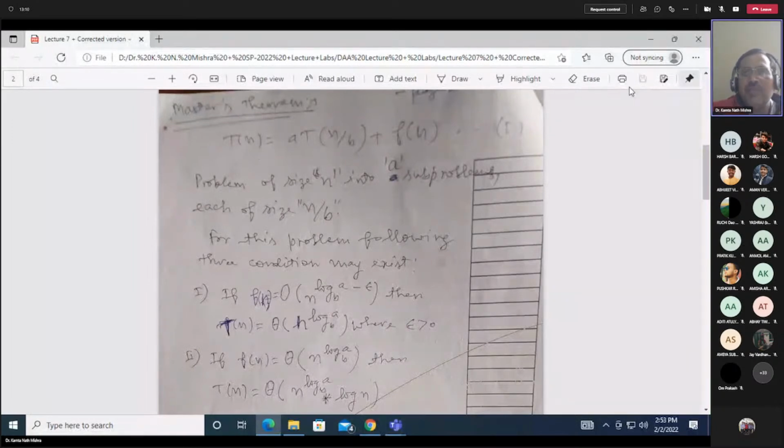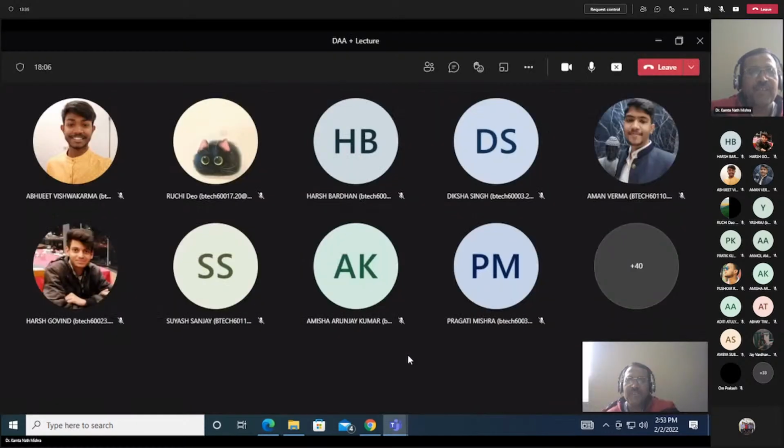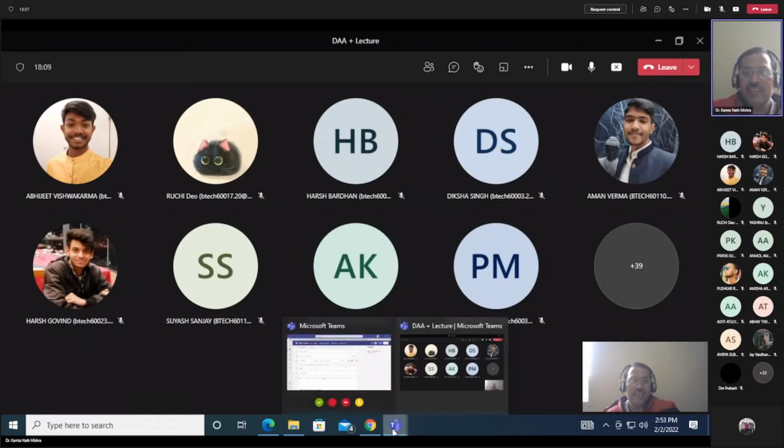So now we have just described this: T(n) equals a T(n by b) plus f(n), and we have seen with the help of an example that if T(n) equals 2T(n by 2) plus f(n), then what will be a, what will be b, what will be f(n)? And if I say that T(n) equals 2T(n by 3) plus cn squared, Diksha Singh, what is a, what is b, what is f(n)?